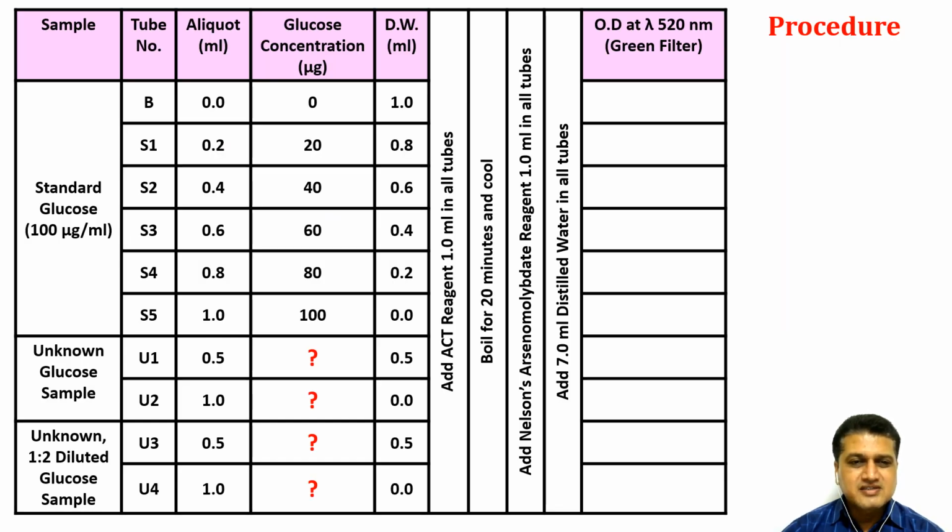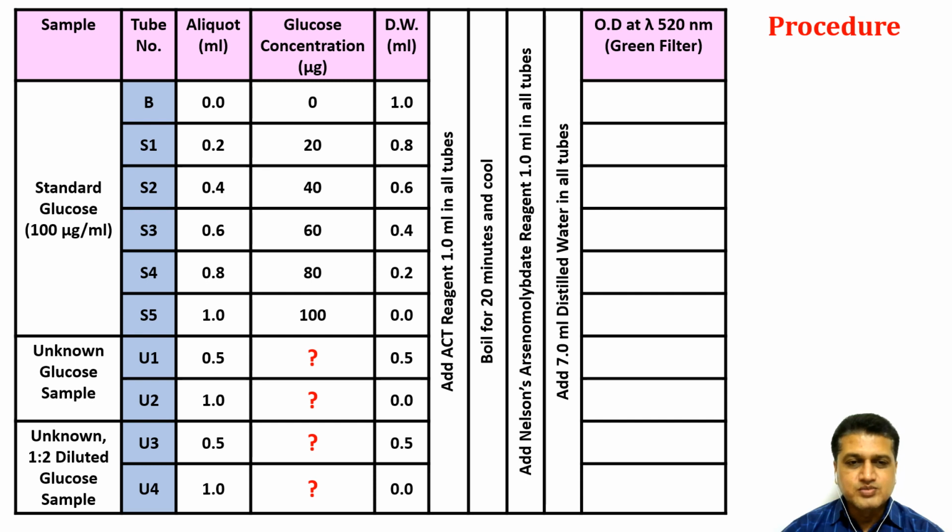Now let us see how the procedure or protocol of this experiment is followed. First, label all 10 empty test tubes according to the type of sample. First tube is labeled as blank or B. Next 5 tubes are labeled from S1 to S5 in which standard glucose solution will be added.